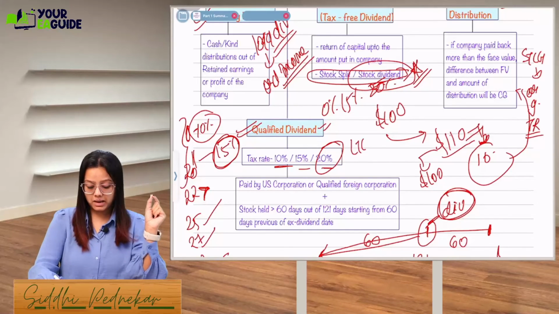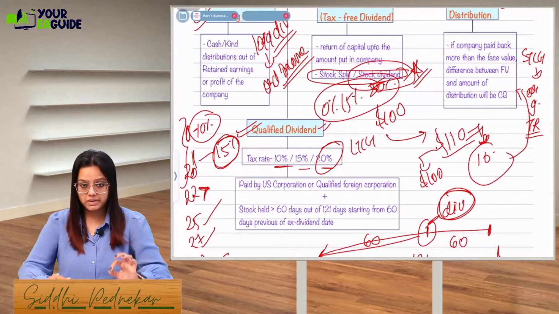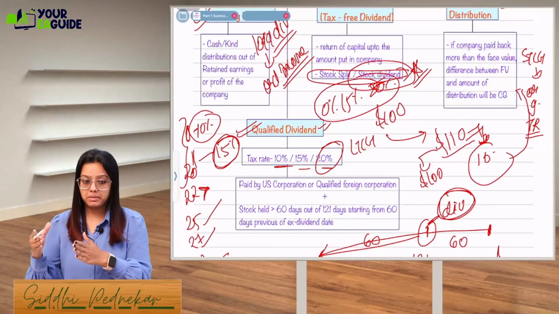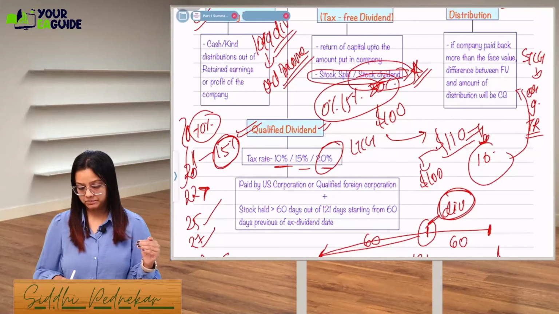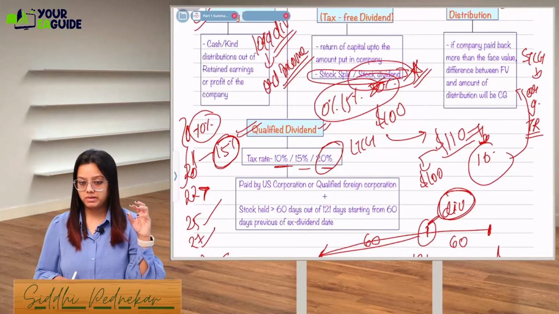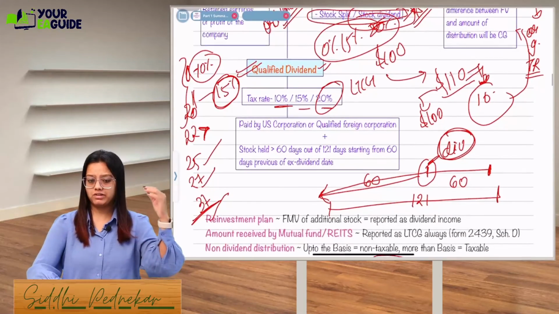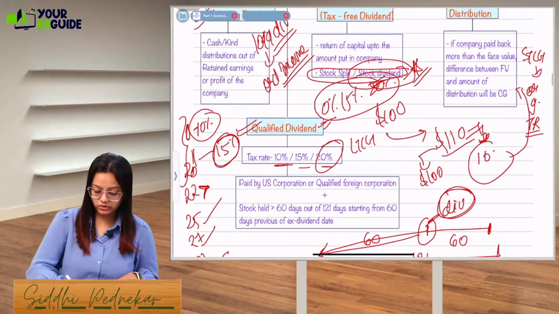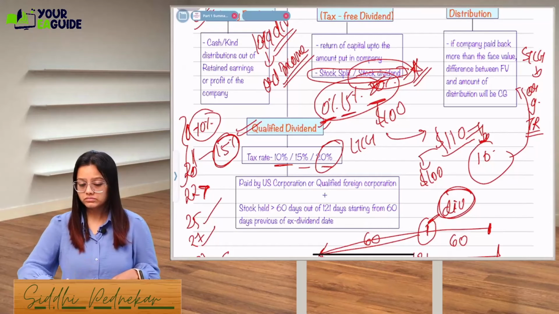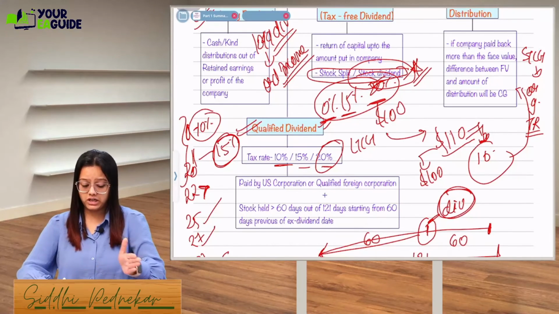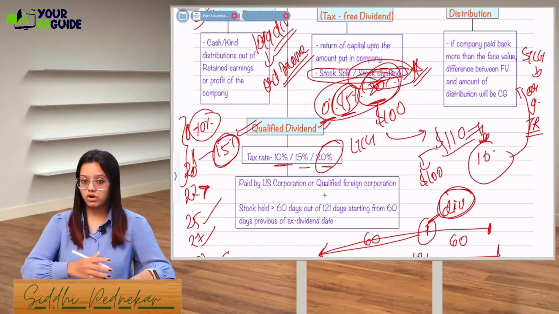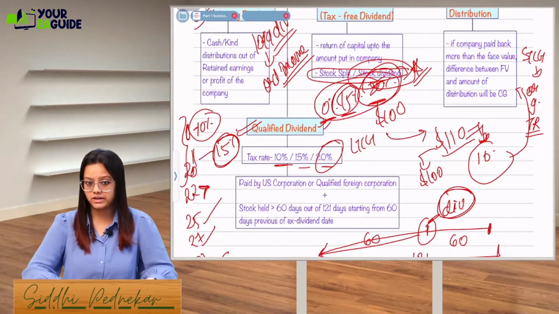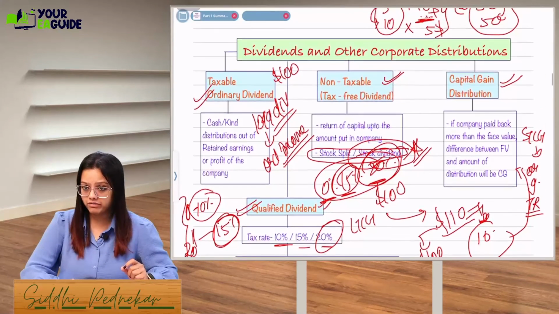For long-term capital gain, these three types of tax rate will be applicable, and how they will be applicable is based on which slab you are falling in. Whether it is 0% or 15%, 20%, 22%, 25, 27, 37, whatever the percentage, you are going to take the lowest one. Let's say if it's more than 15, you have to take 15. More than 20, maximum 20 only you will charge, not the ordinary tax rate. That is the benefit of a qualified dividend.